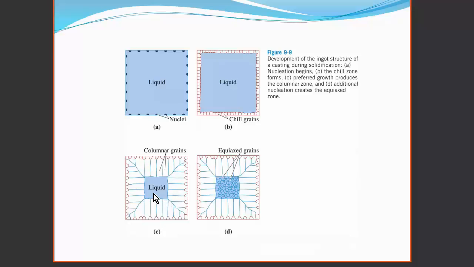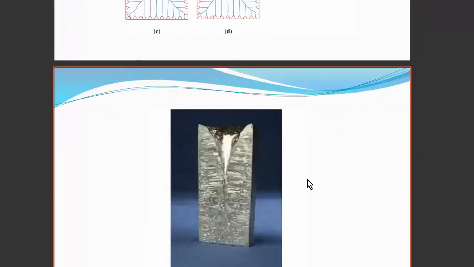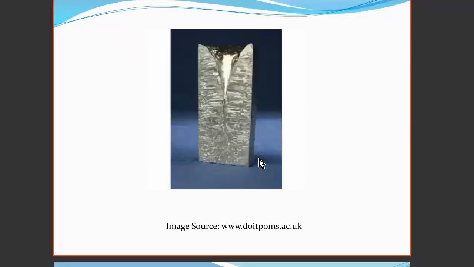These will extend until the liquid in the middle cools to such an extent that additional nucleation occurs and we get equiaxed grains, or randomly orientated grains. This can be seen in this cast sample here. You can see the columnar grains in this casting.